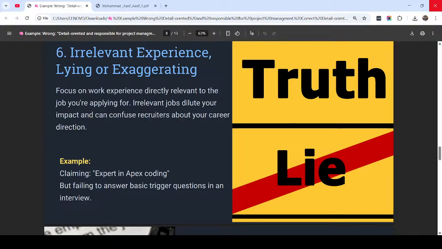There was a guy applying for Salesforce developer, but earlier he had done coding in PHP. When the interviewer asked questions, he kept saying, I know the solution, but it's in PHP.